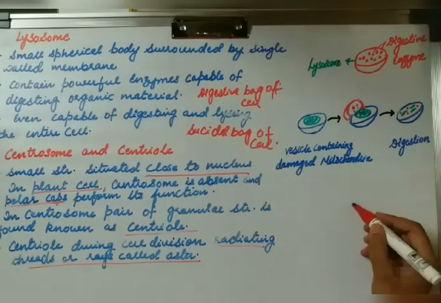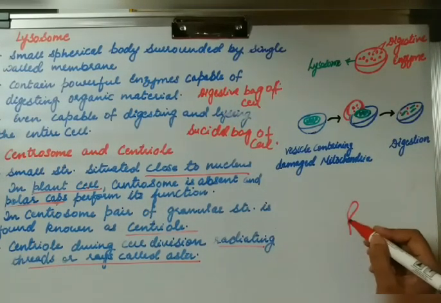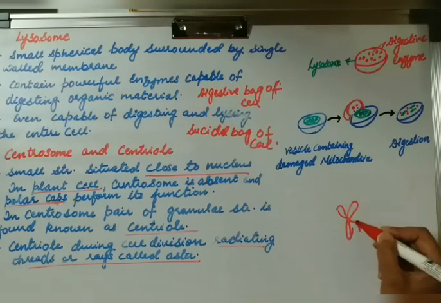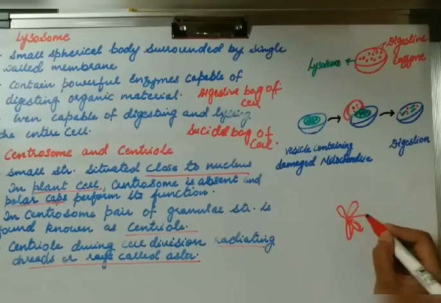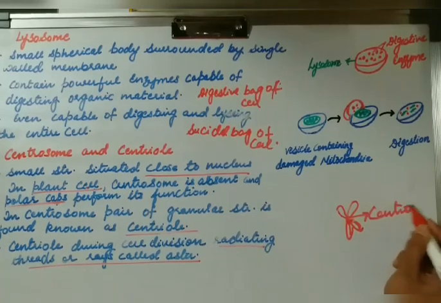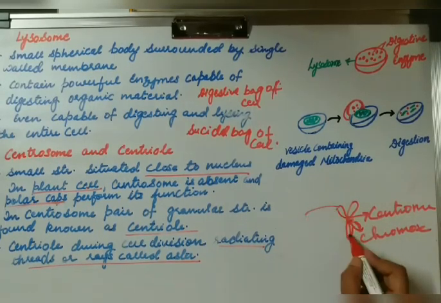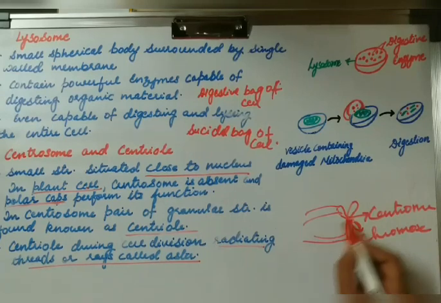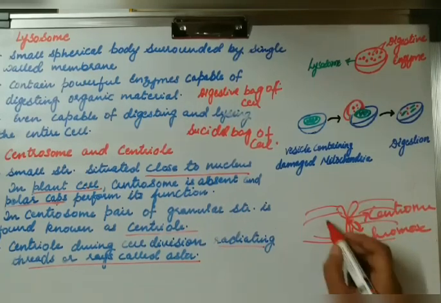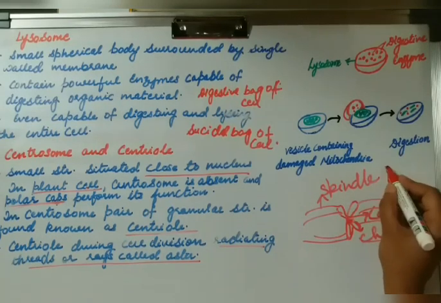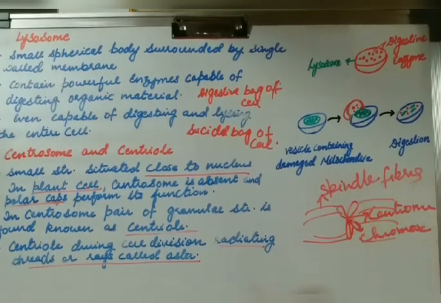Suppose this is the centromere and they are the chromosomes. During cell division, they help in the formation of spindle fibers. These are your spindle fibers. They help in the division of the cell.